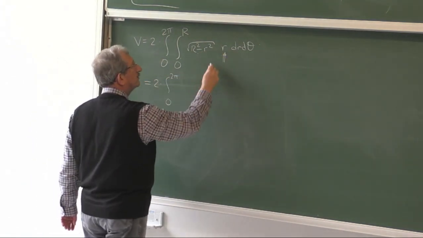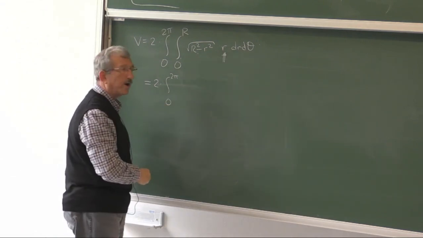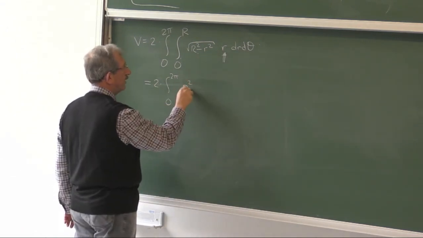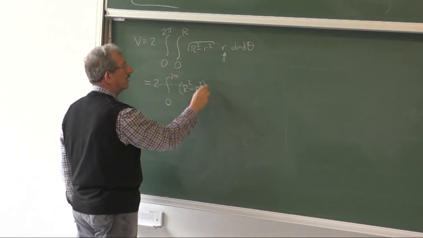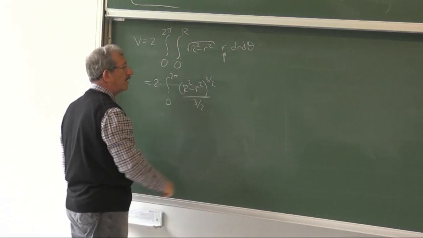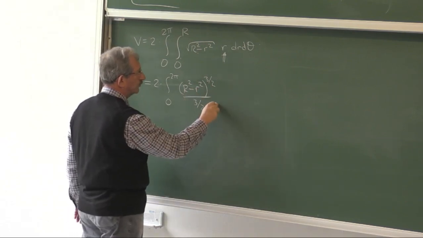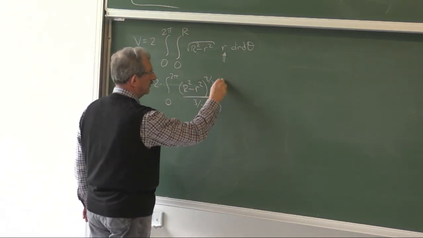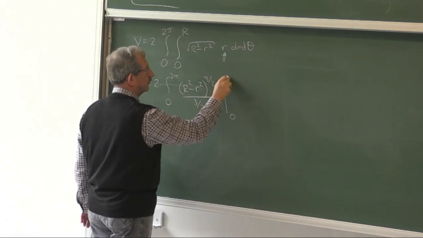Now integrate. Here you have the derivative of r squared. So this is R squared minus r squared to the 3/2 divided by 3/2. Add 1 and divide. Of course, you have a minus 2 somewhere here. And this happens from 0 to R, and then you will integrate with respect to theta.